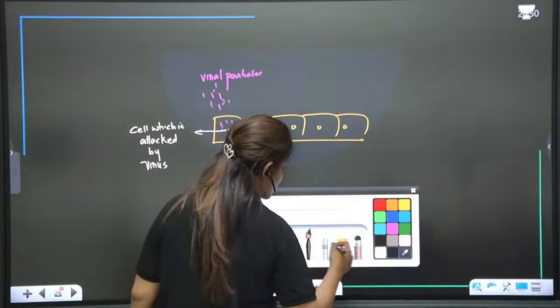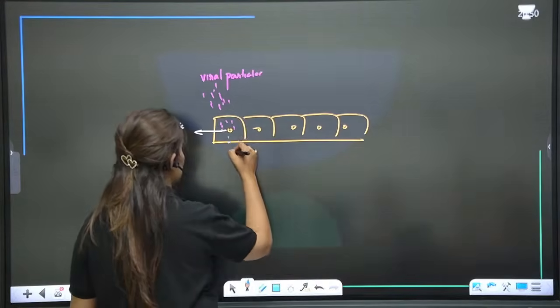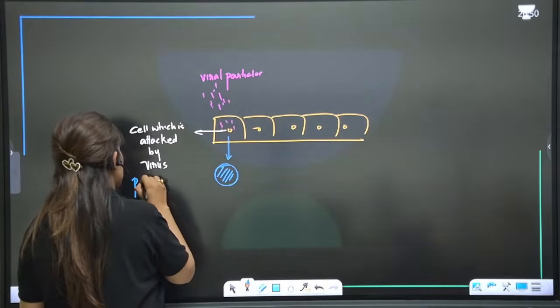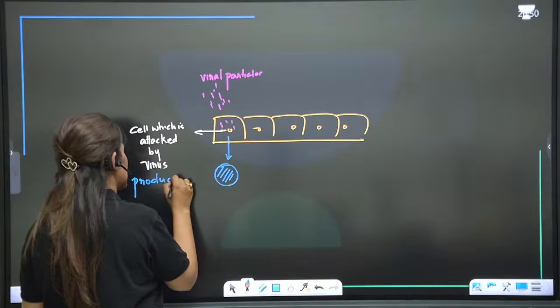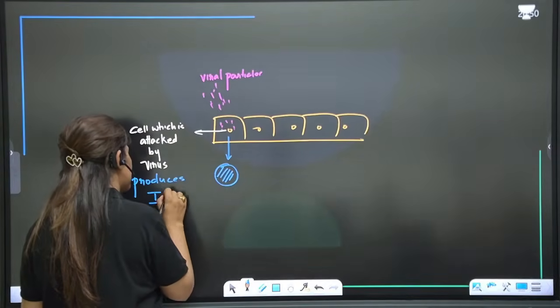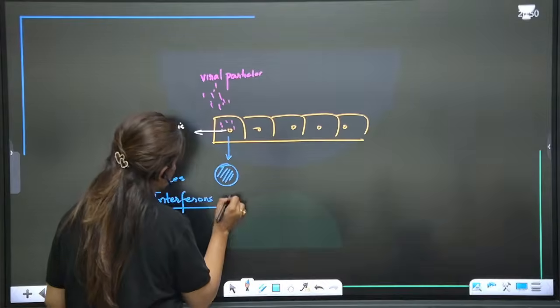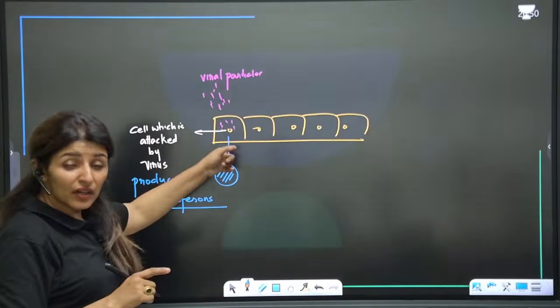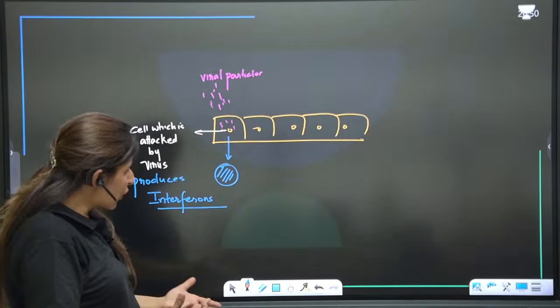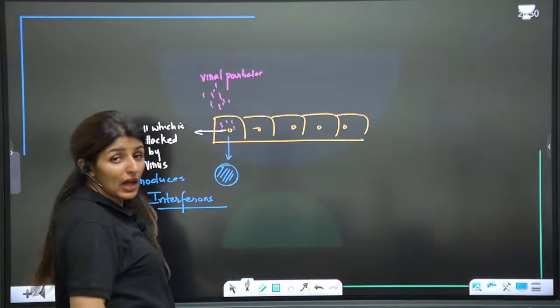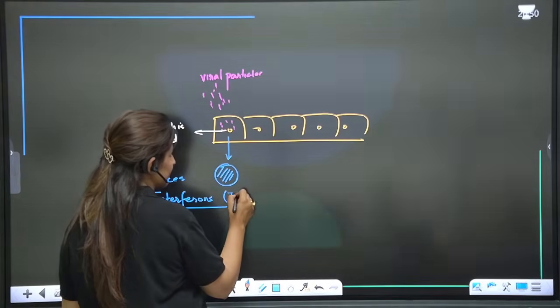This is going to produce a special protein, known as interferons. So who produces interferons? The cell which has already been attacked. Now before dying, this cell has produced this alarm, interferon, IF.